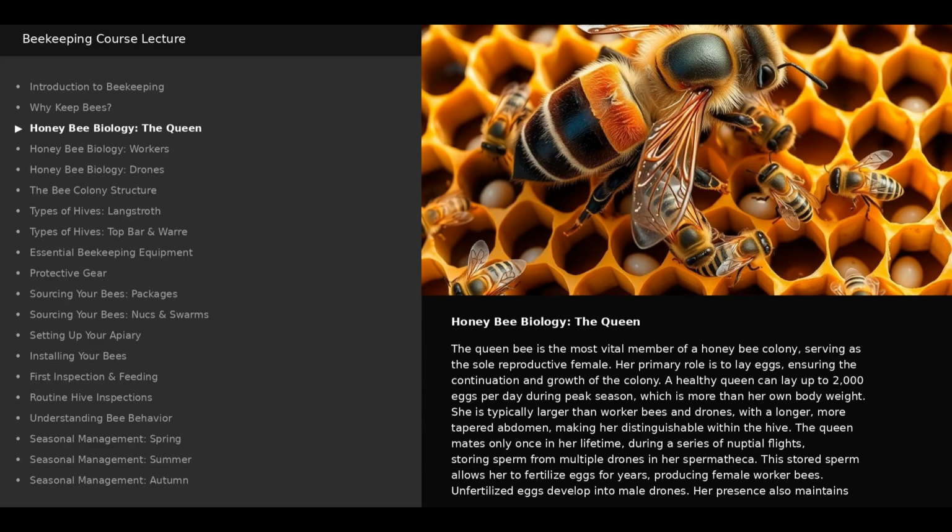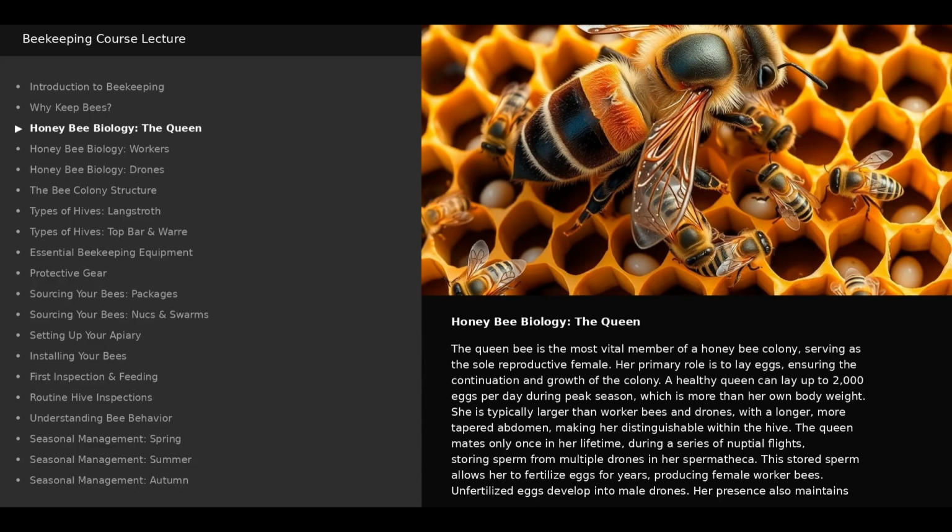She is typically larger than worker bees and drones, with a longer, more tapered abdomen, making her distinguishable within the hive. The queen mates only once in her lifetime, during a series of nuptial flights, storing sperm from multiple drones in her spermatheca.